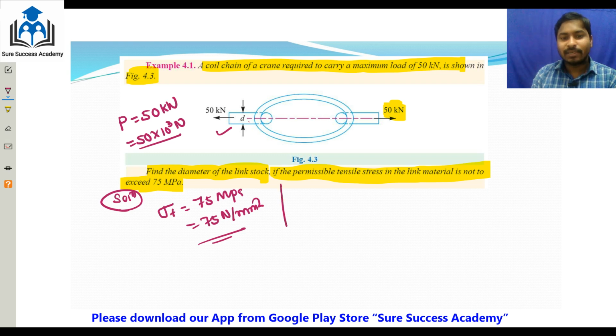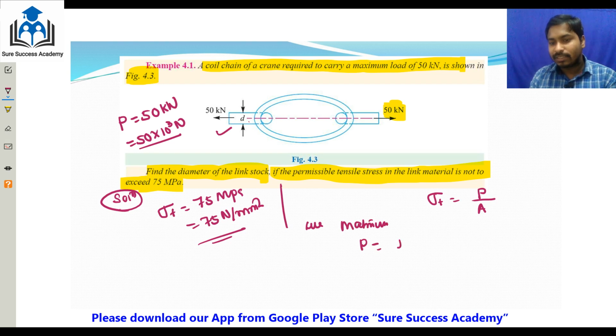No problem. We know that stress is equal to load by area. So the maximum load is equal to P is equal to sigma T into A. I will use this frequently.